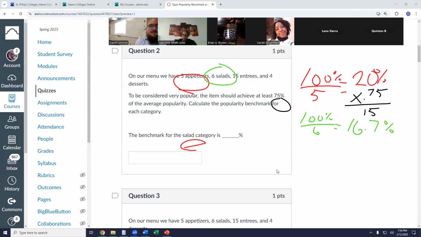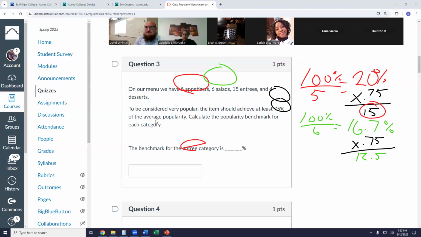And then I gotta multiply by 0.75 because that's the factor that has been given. And my answer is 12.5. So this one was 15. This one is 12.5. Remember, I'm going to compare all of my percentages to this number of 12.5.